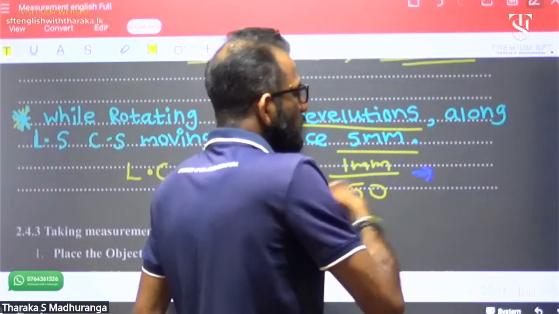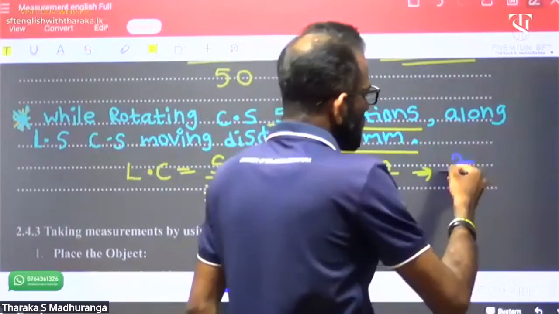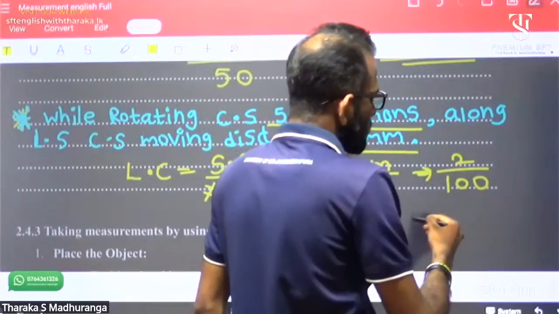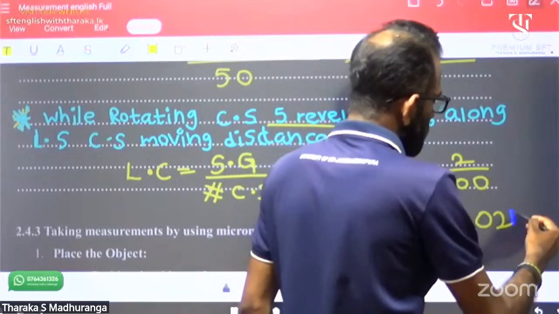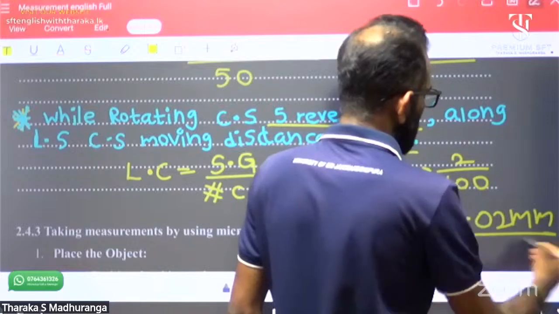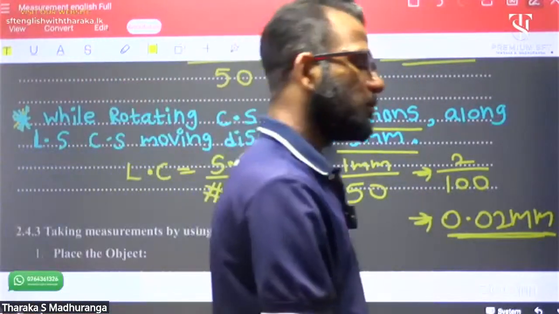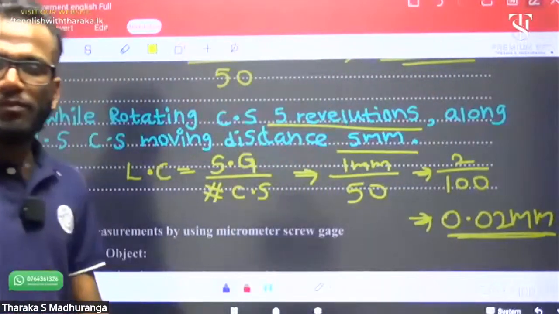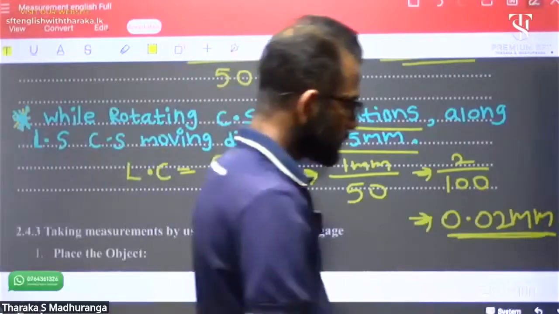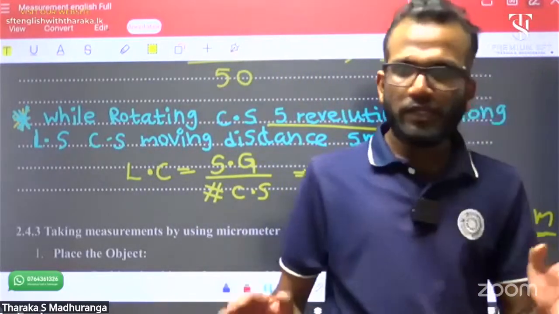Now 1 divided by 50 is 2 divided by 100, so 0.02 millimeter. Do you have any doubt up to now?